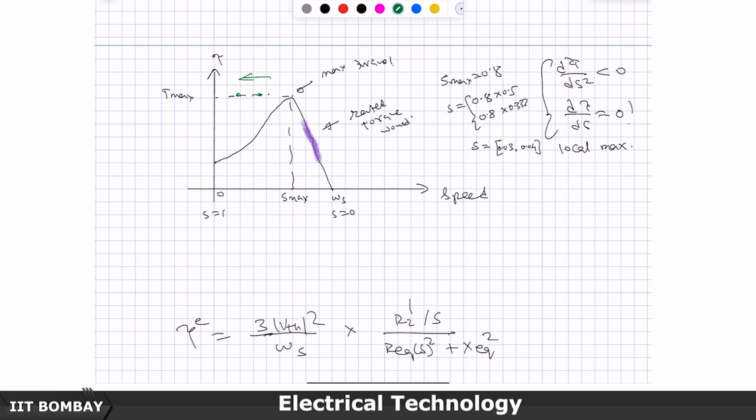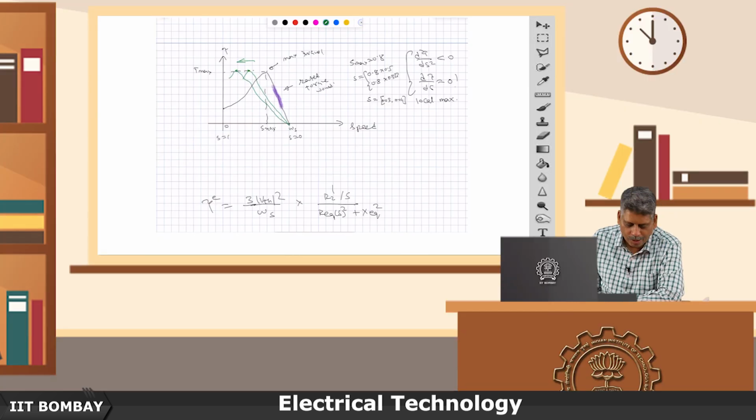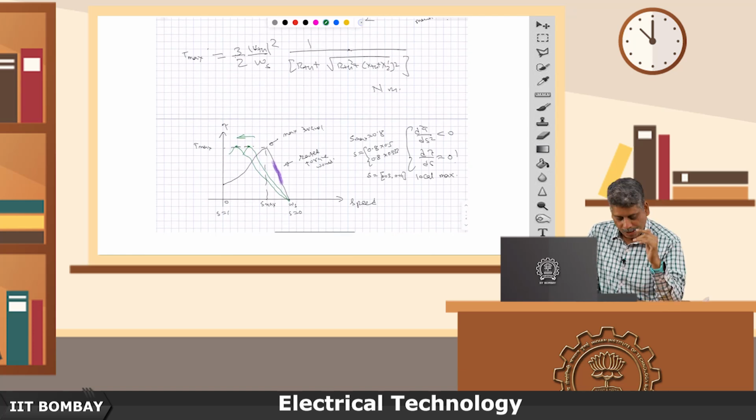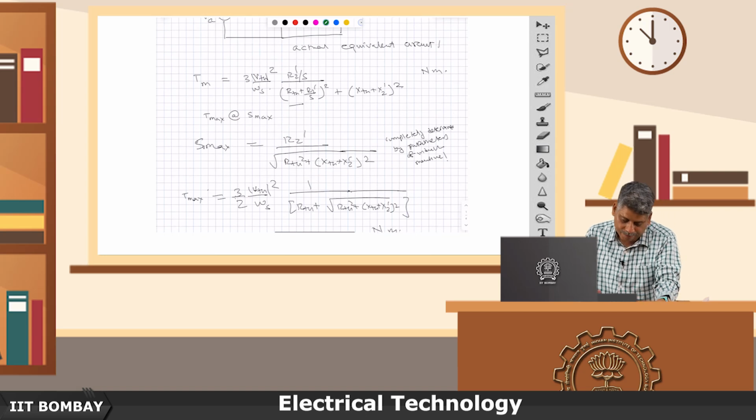I'll draw this side first and I'll talk of this thing here. Now, what happens at S equal to 1?